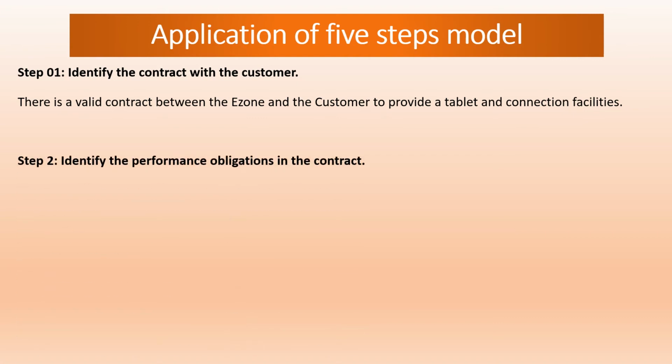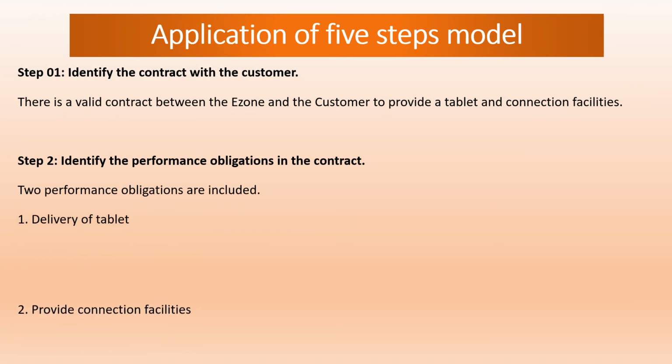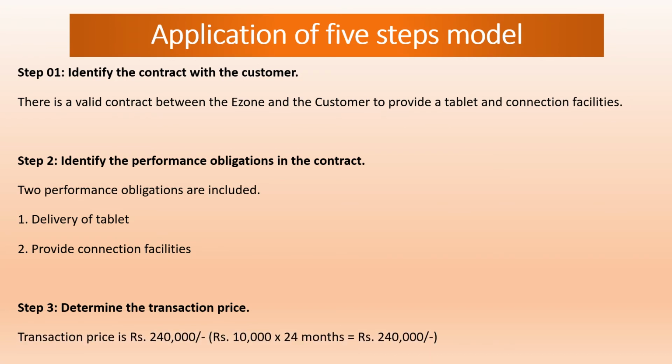In step 2, we are going to identify the performance obligations, which are delivering of the tablet as well as providing the connection facility. Now in the third step, we are going to determine the transaction price. In this example, it's clearly mentioned that the transaction price is rupees 240,000.